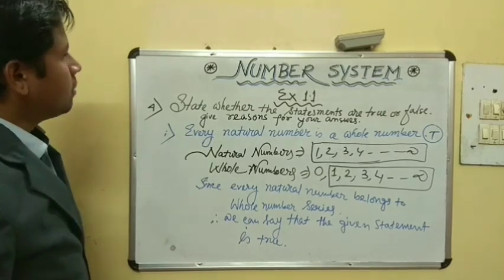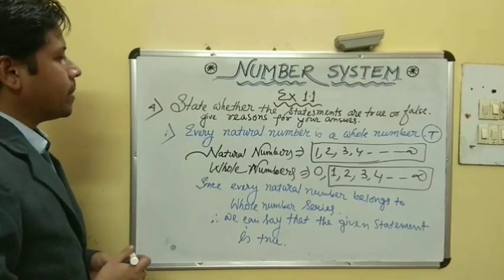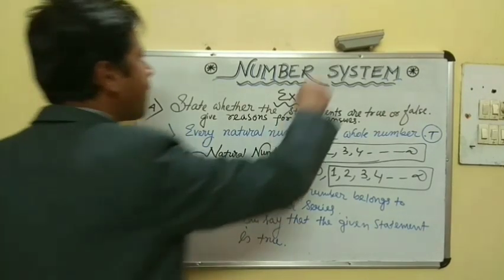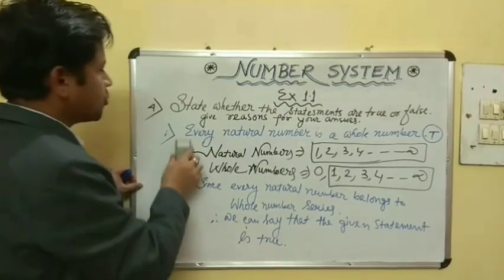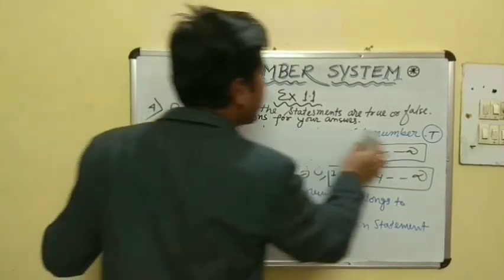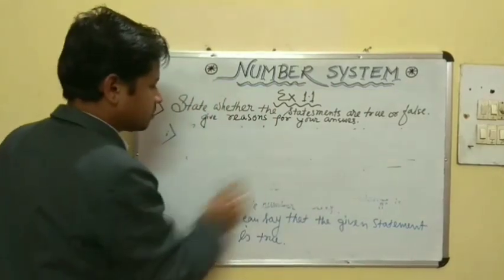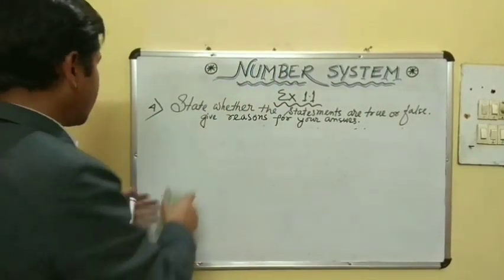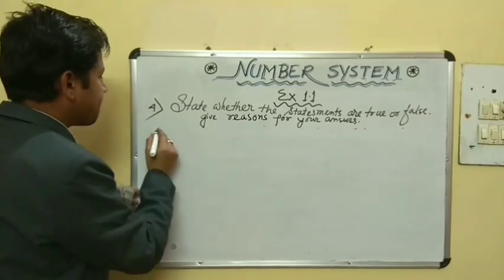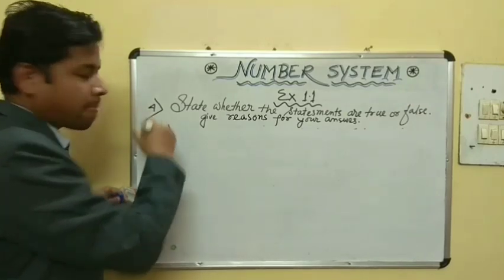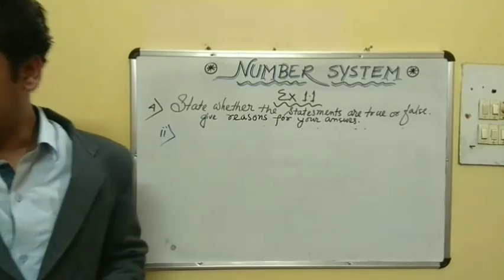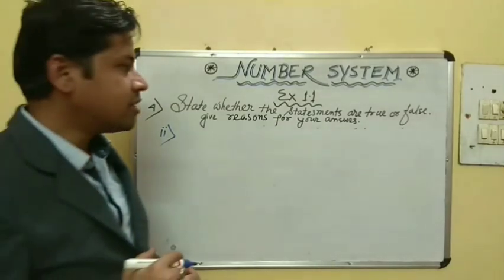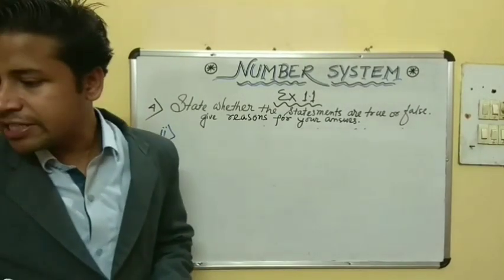So let's go for another question. What is it saying? Number 2 is saying that every integer is a whole number.